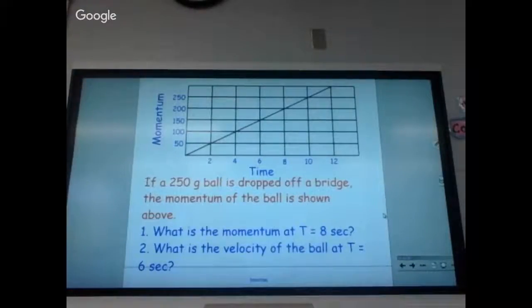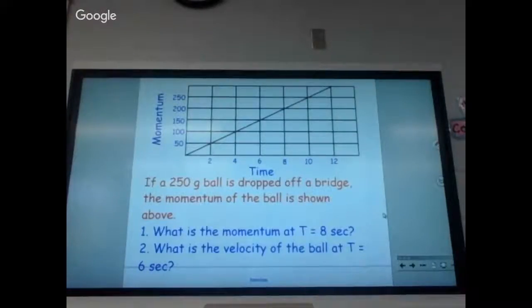So in number four, how does the momentum of A compare to the momentum of B? So I calculated A and I calculated B. So what was A's momentum? What was B's momentum? So what can you tell me? Can the mass and velocity be the same? Yes.